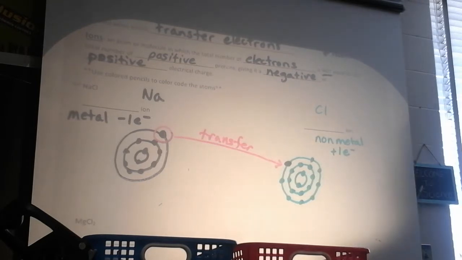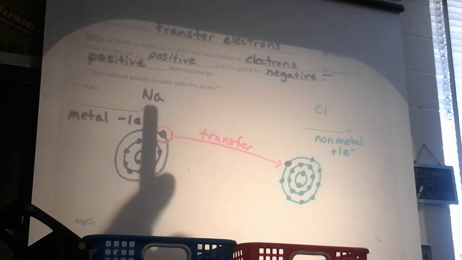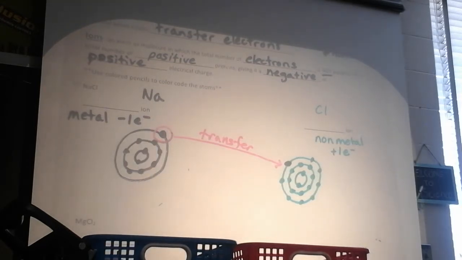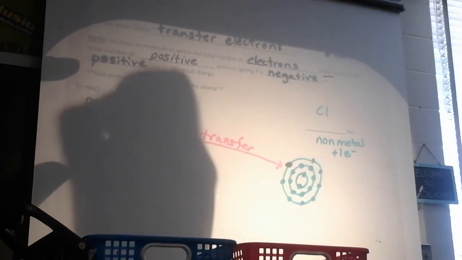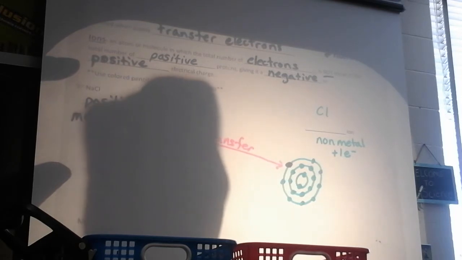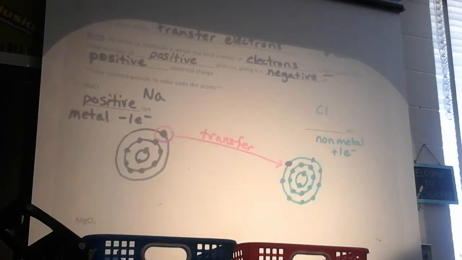And because of that, our sodium now becomes an ion. What kind of ion is it, Lillian? Sodium become a positive one because it lost an electron. Awesome. Yes, it's a positive ion because it lost an electron.